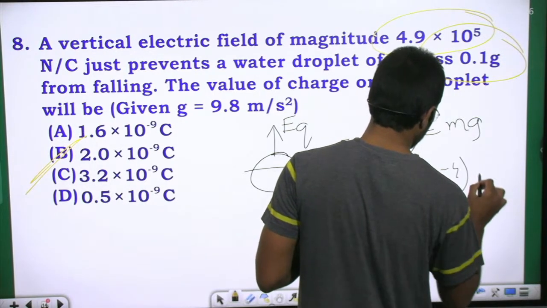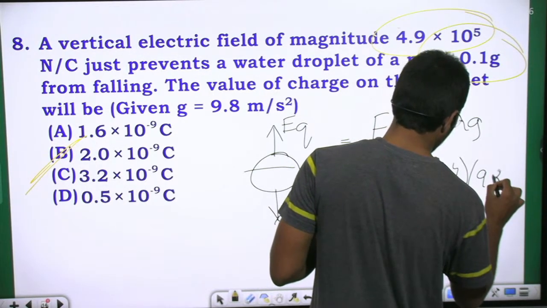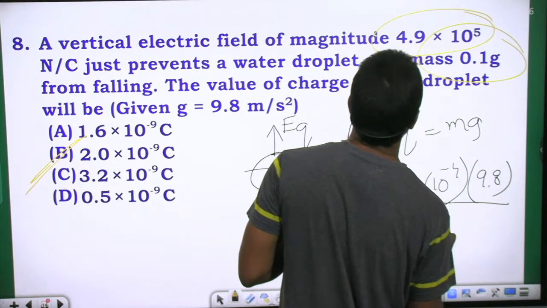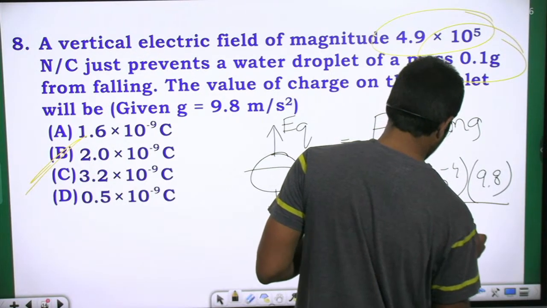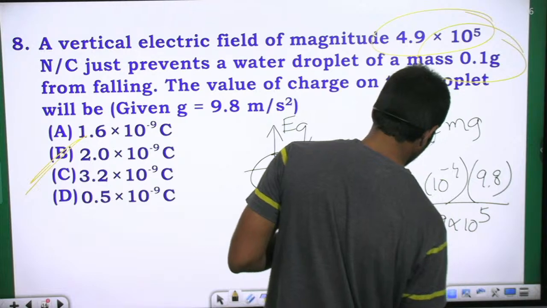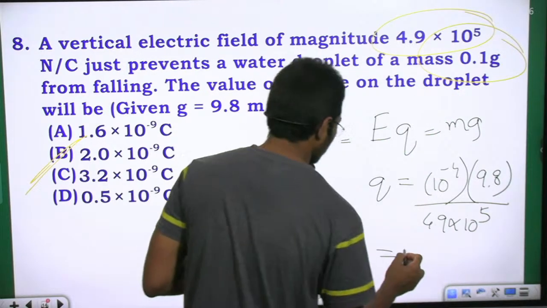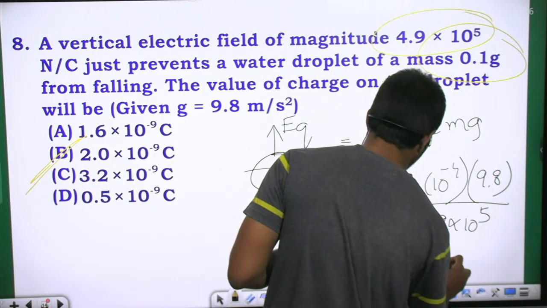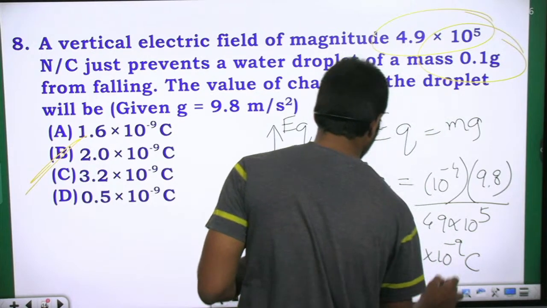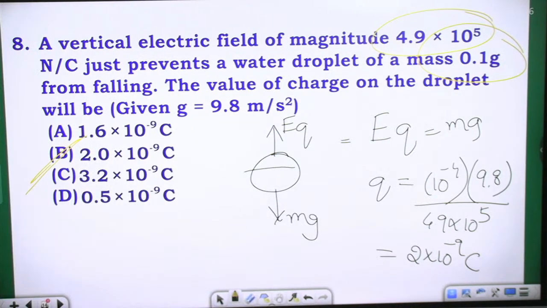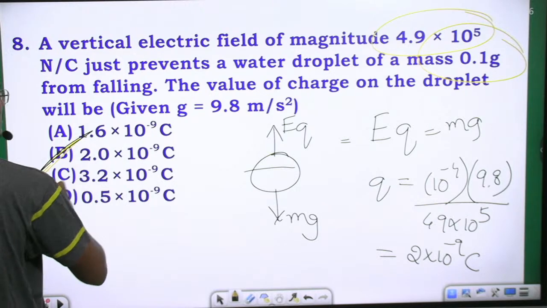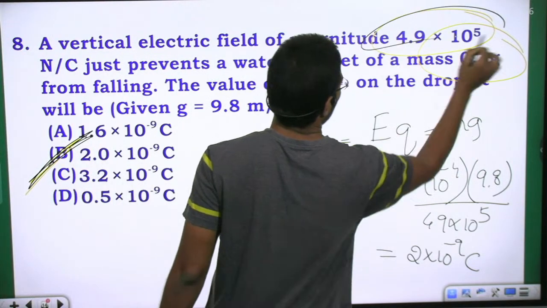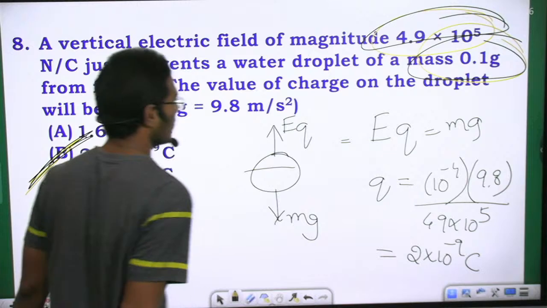I'm just trying to repeat. Two into 10 power minus 9 coulomb. Hope it's clear now. So option B, 4.9 given, 0.1 given. Okay, let's go to next question.